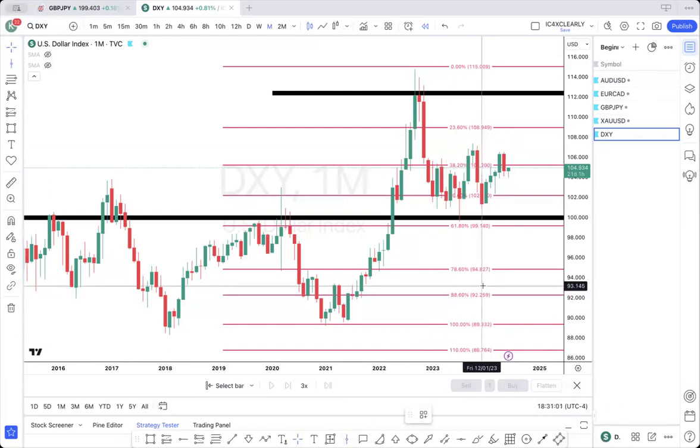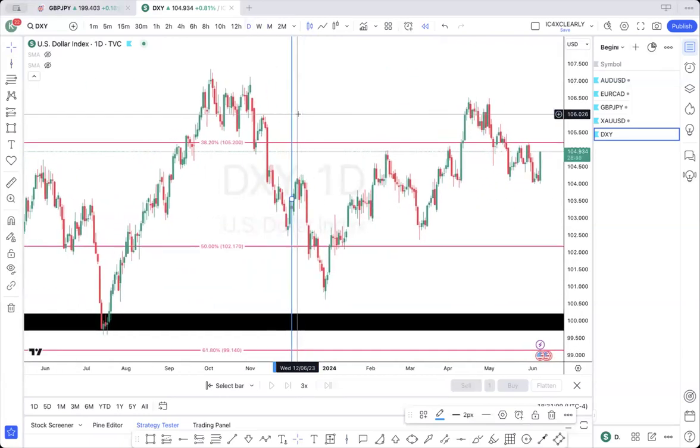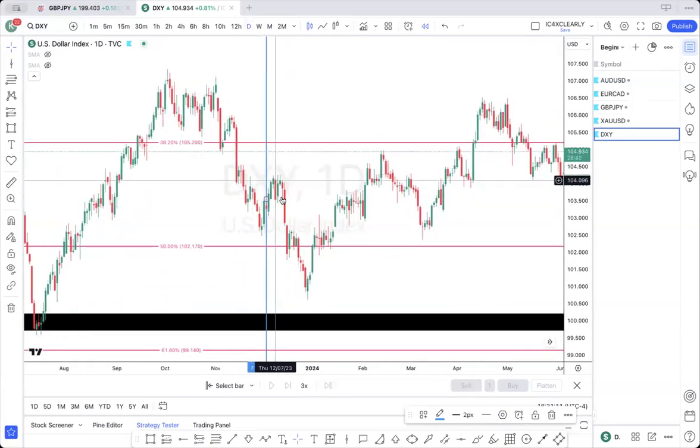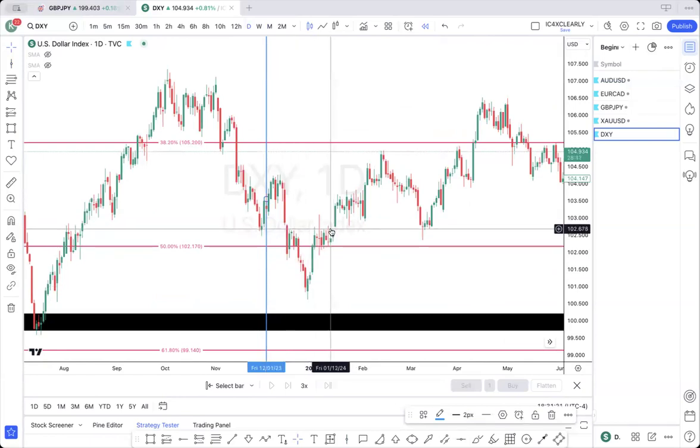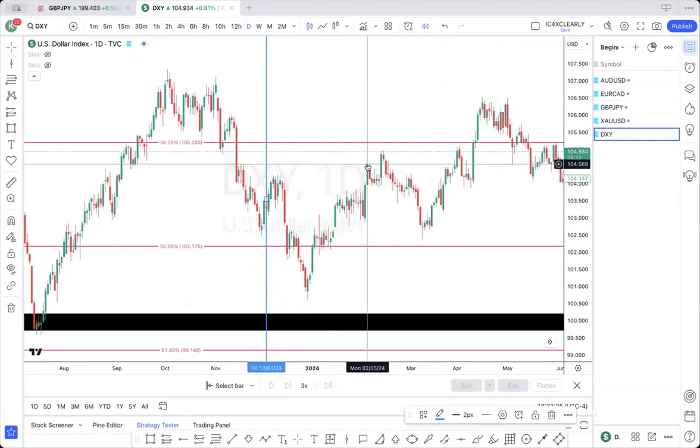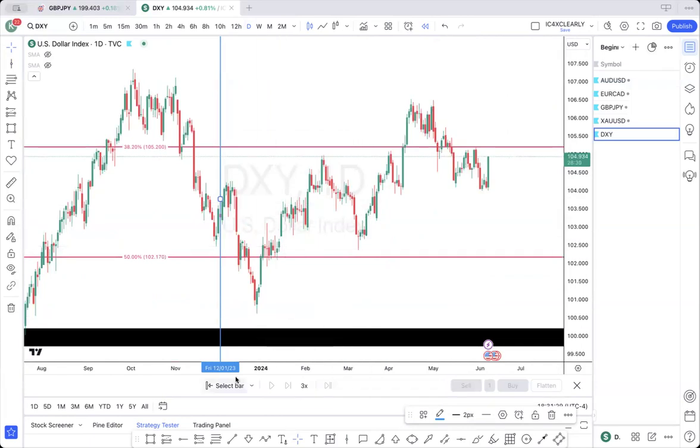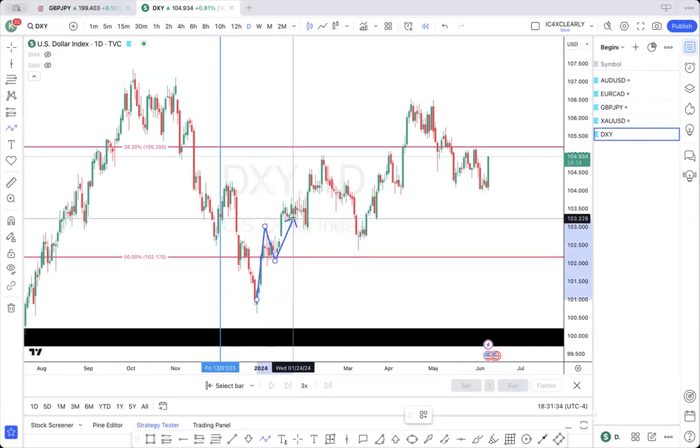How price is trading from here on. So once I go down to the daily, price gave a swing here and then another swing here. But I would have marked that. But price did break structure here, right? And then price broke structure here. So price has been up, up, up.